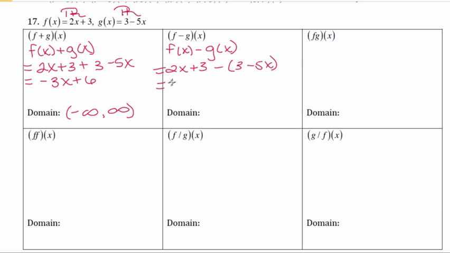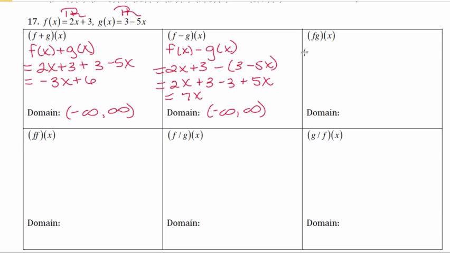And then I have to distribute my negative, and then I'm going to combine like terms, and I get 7x plus 0. Once again the domain is negative infinity to infinity. It is just the overlap or intersection of the two original domains.